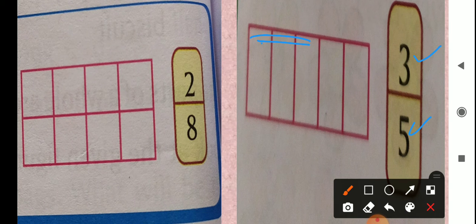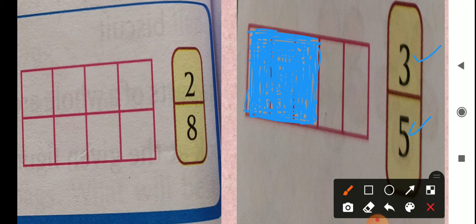So we will shade 3 parts to show the fraction 3 upon 5. In this way we shade 3 parts out of 5.